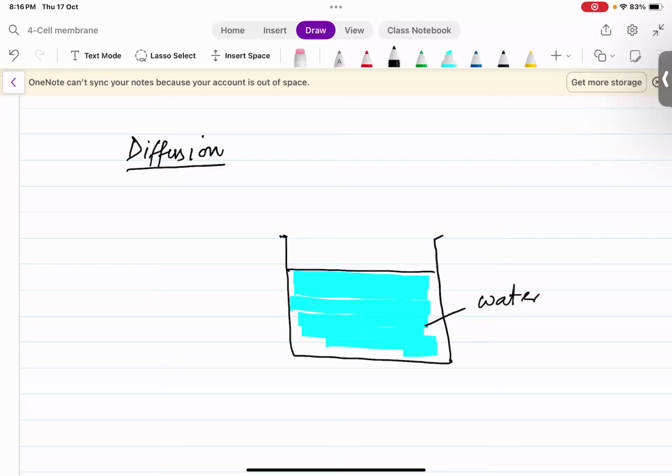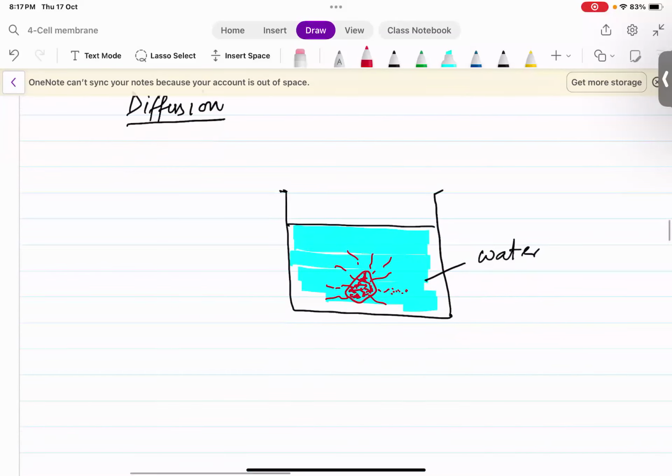And if we put some crystals of maybe some colored dye or maybe potassium permanganate, you will see initially the color will be darker in this region where the crystals are found. But gradually what will happen, this color will start distributing to the entire water. And how does it happen?